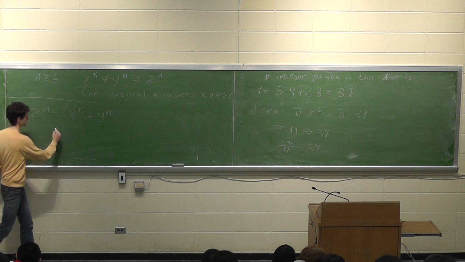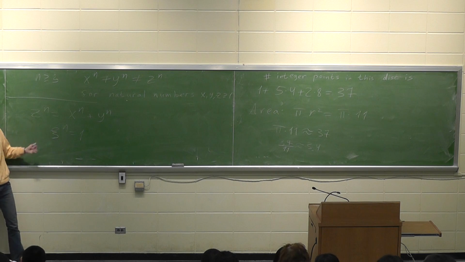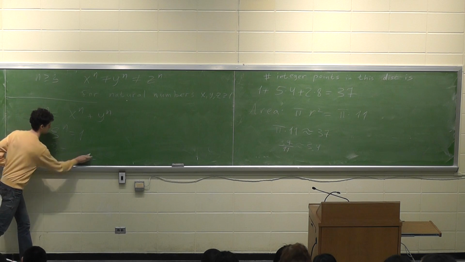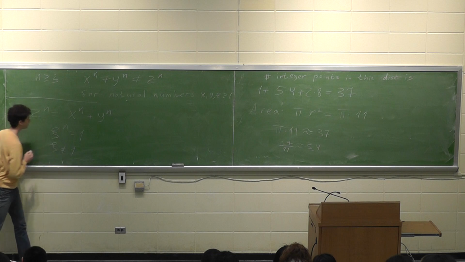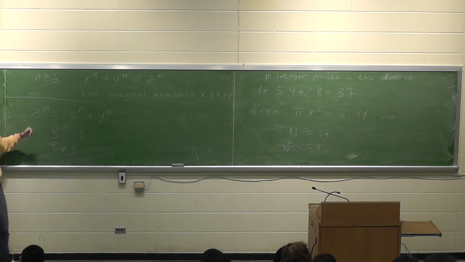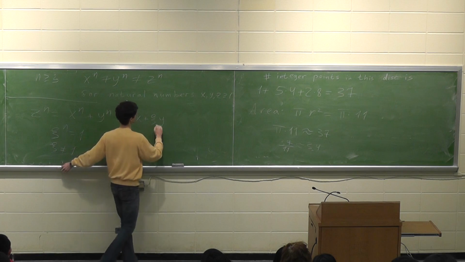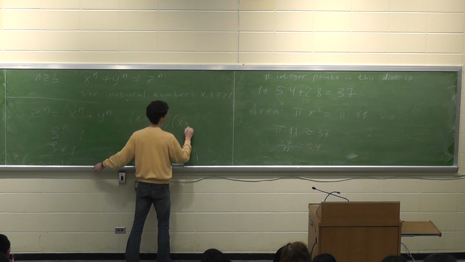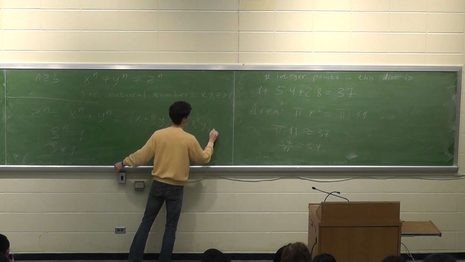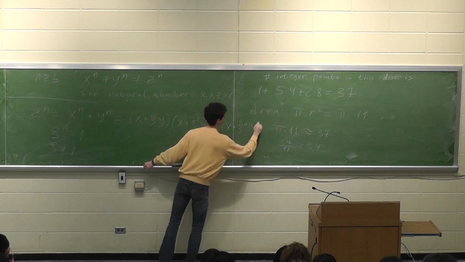If you take psi to be a number which is an nth root of unity, psi not equal to 1, then this polynomial can be factored as a product of linear polynomials: x plus psi y, x plus psi squared y, up to x plus psi to the power n minus 1 times y.